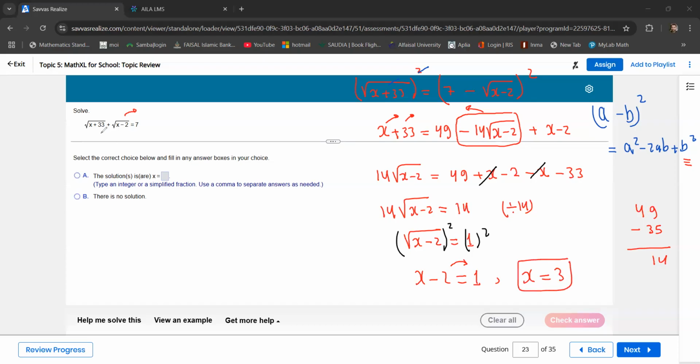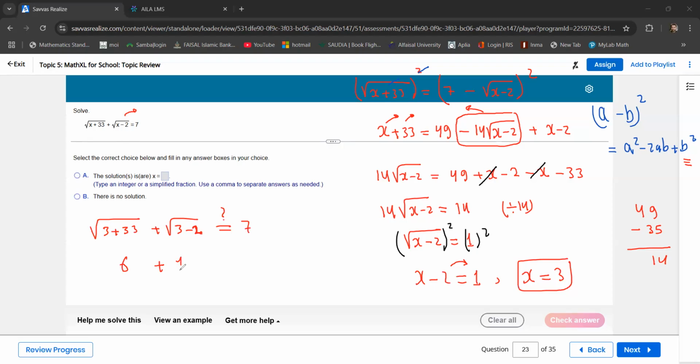Go back and check whether square root of 3 plus 33 plus square root of 3 minus 2, is it really 7? Using a calculator or mental math, this will be the square root of 36, which means 6. The square root of, it's minus 2, not minus 1.